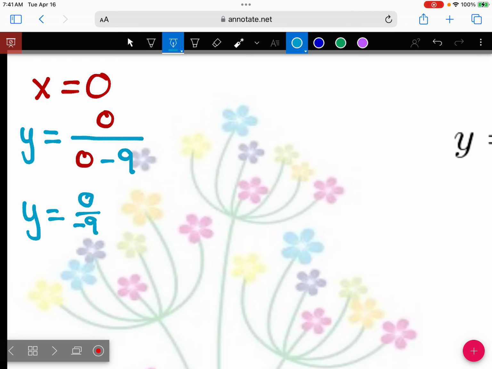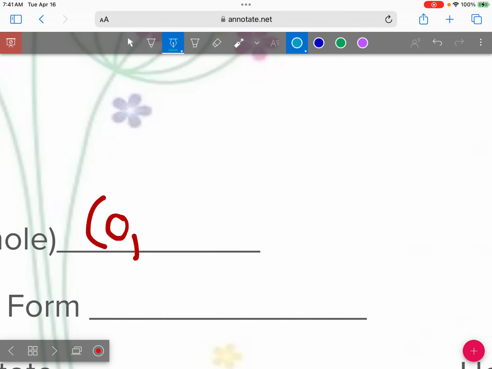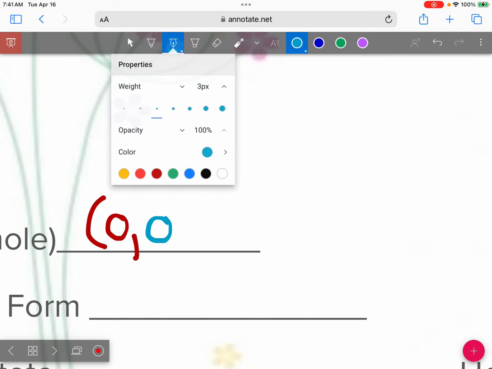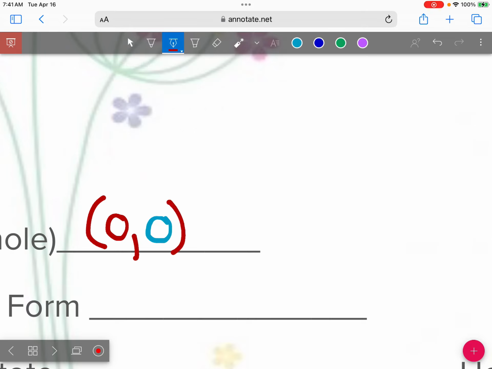What is 0 over -9? What's 0 divided by anything? 0. So our discontinuity is going to be right at our origin, right at the middle, (0, 0).